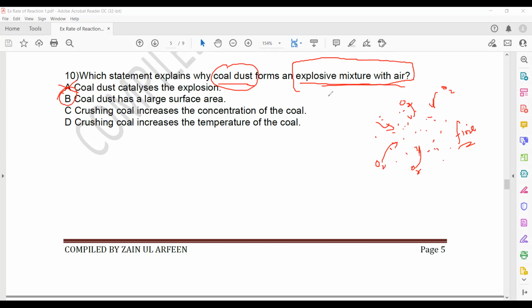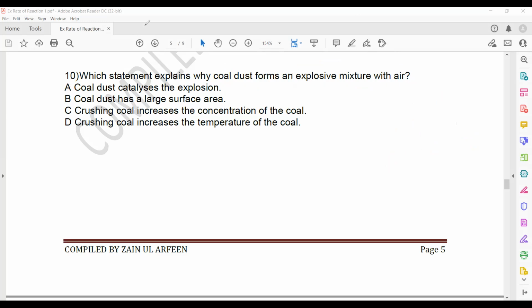Is it clear? Coal dust forms an explosive mixture or can catch fire easily because it has very small particles, so it has a large area and can burn easily.